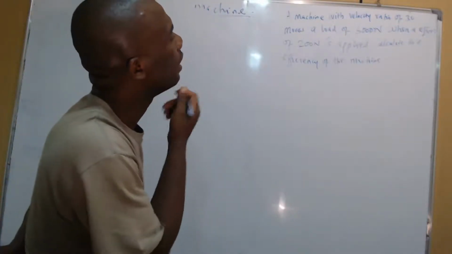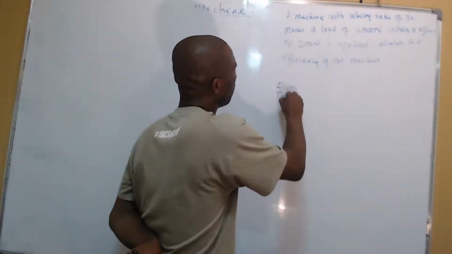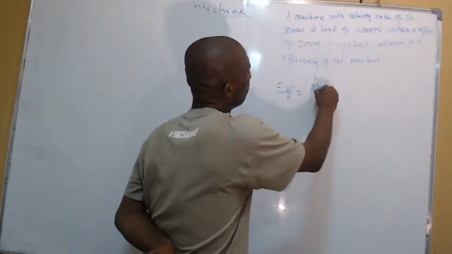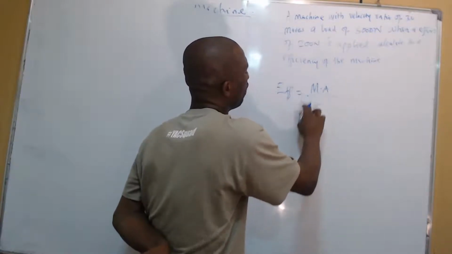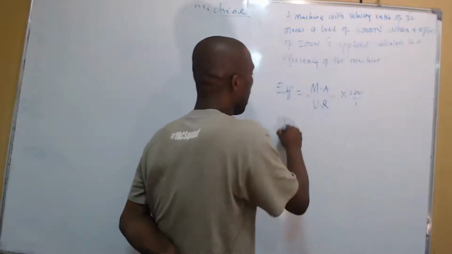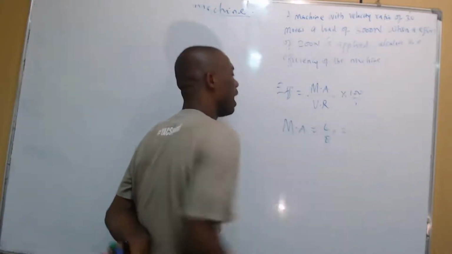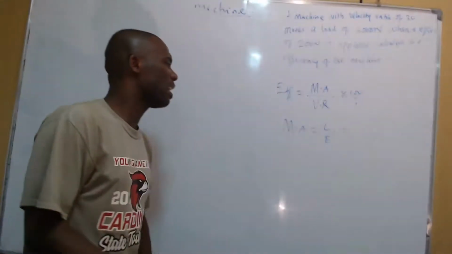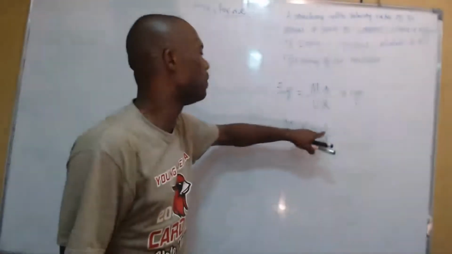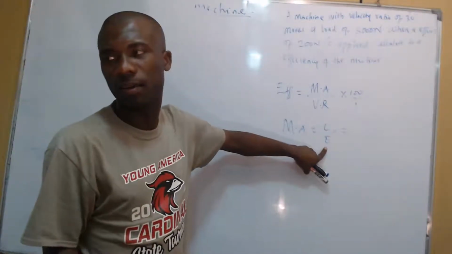Now, if we say that efficiency is mechanical advantage over velocity ratio times 100 over 1, mechanical advantage is equal to load over effort. Now, as I said, if the load is big, the effort will be small.